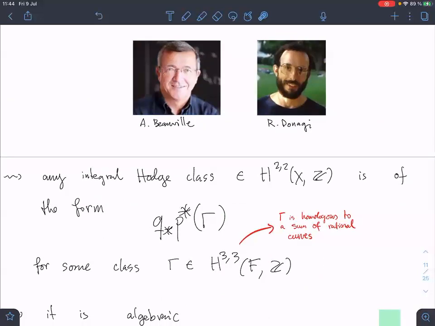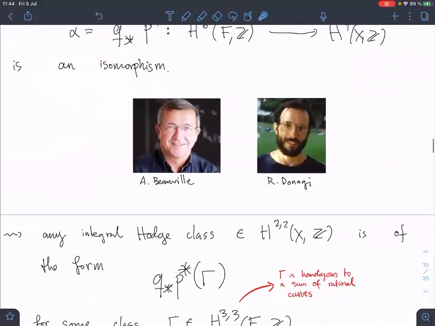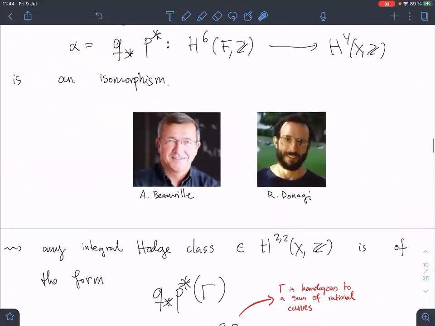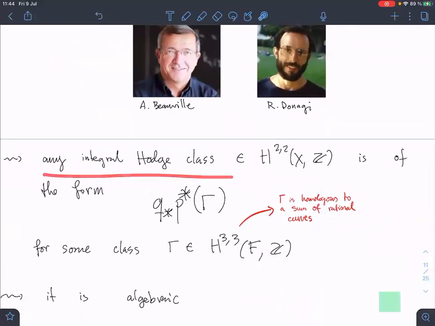Yeah, and this isomorphism, because it's constructed from this correspondence, preserves the Hodge decomposition. So it means that any integral Hodge class is of the form pullback of a curve class and then push forward.